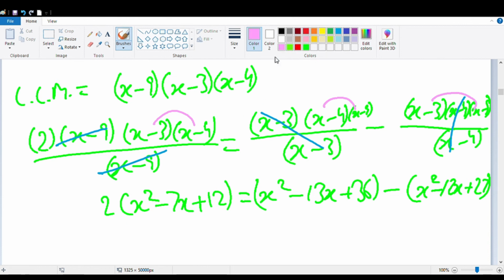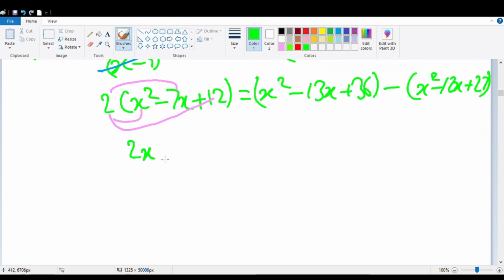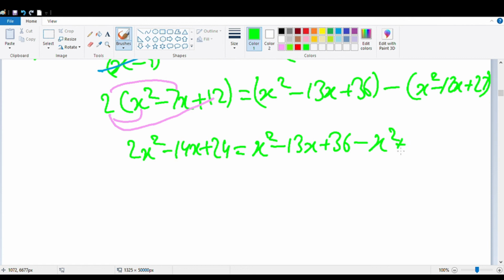So 2 into x squared is 2x squared, 2 into negative 7x is negative 14x, and 2 into 12 is 24. So 2x squared minus 14x plus 24 is equal to x squared minus 13x plus 36 minus x squared plus 12x minus 27.